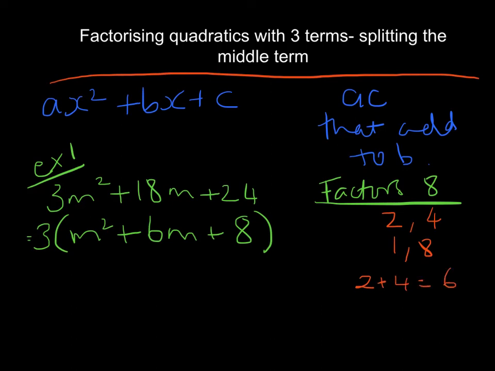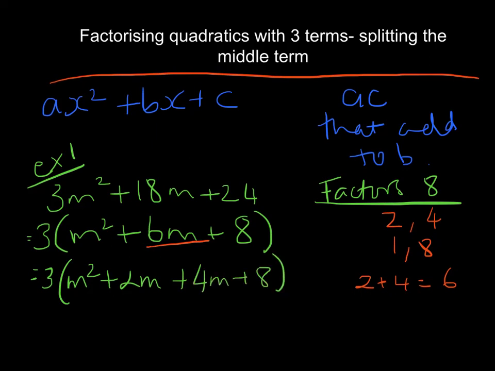That's what I'm looking for. I want them to add to this number here. So they add to 6. Therefore, I'm going to split the middle term using 2 and 4. So I've got 3, m squared plus 2m, don't forget the m, plus 4m plus 8.